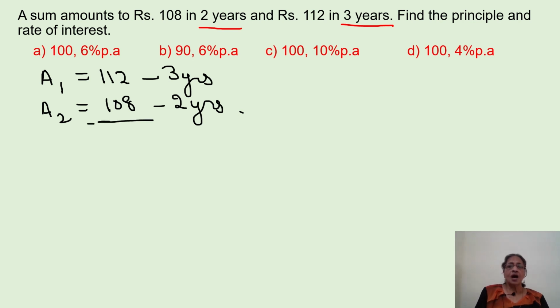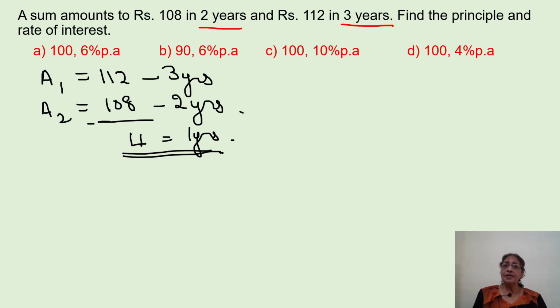So how much will be the interest for 1 year? From these two amounts, I have got the difference. So for 1 year, the interest is going to be 4, that is 4 rupees.